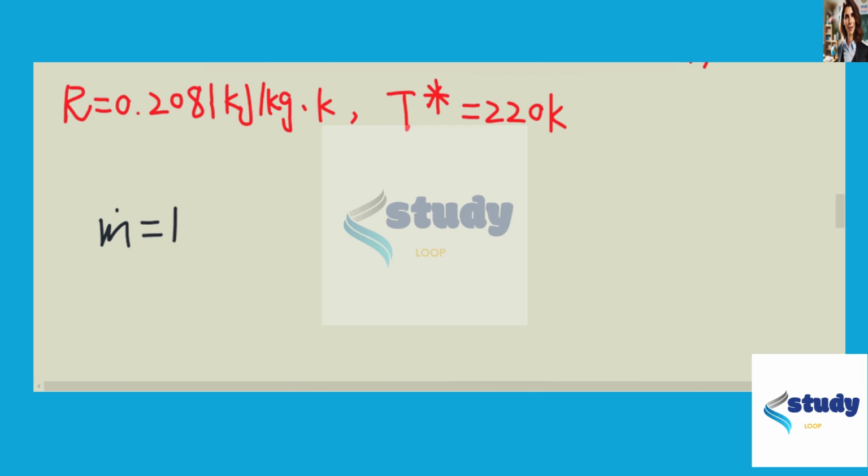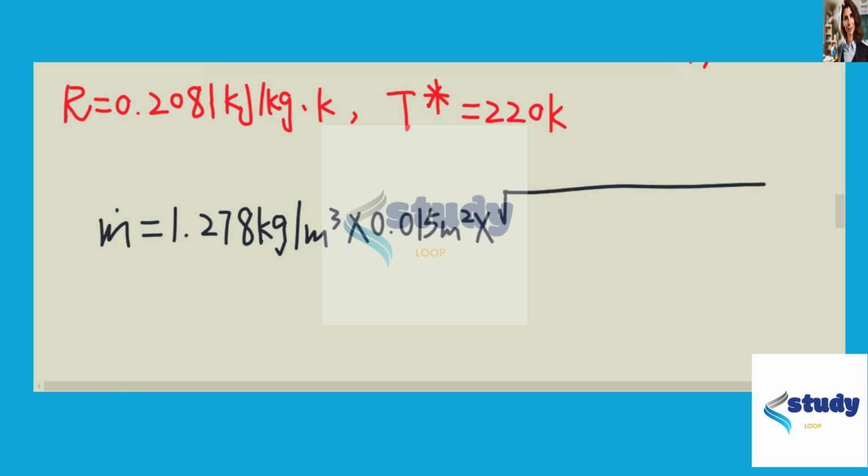So now we can plug back into the equation to determine the mass flow rate, which is equal to 1.278 kilogram per meter cube, times 0.015 meter square, times square root of 1.667 times 0.2081 kilojoule per kilogram times Kelvin, times 220 Kelvin.